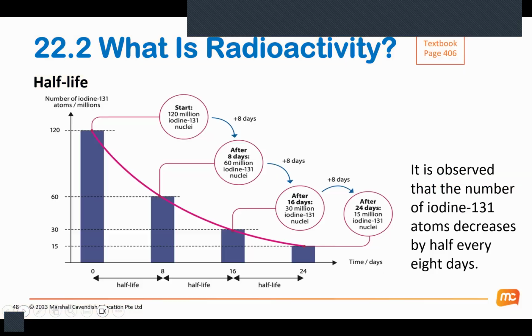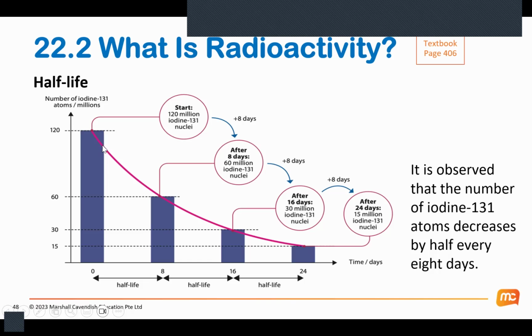So we zoom into more examples over here. There is iodine-131. Iodine-131 is an unstable nucleus, so it is going to emit radiation in order to make itself stable. Initially, I have 120 nuclei over here.